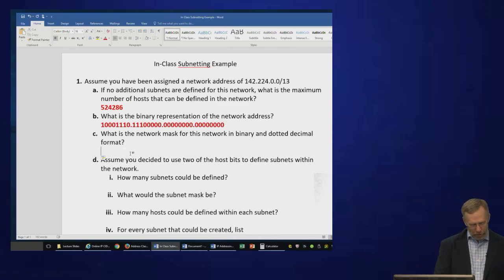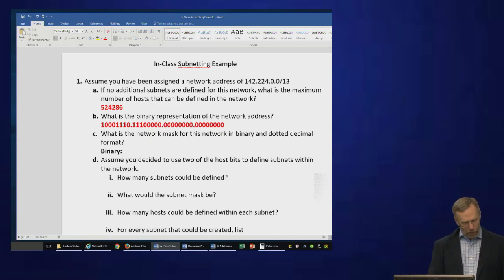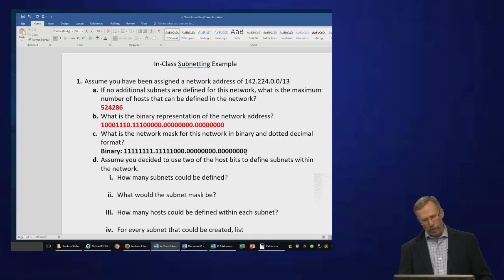So in binary, we have 13 ones on the left-hand side, broken into 8-bit chunks, so there's 8, 9, 10, 11, 12, 13, and then the remaining zeros, 3 in the second chunk, and 8 in each of the last two. That wasn't hard, was it?